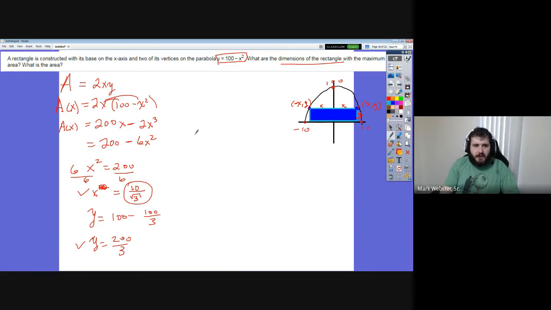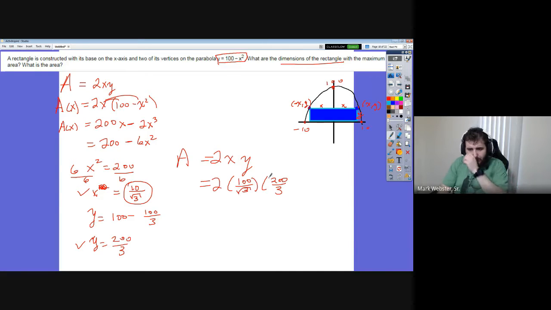Now I'm going to find the area. Remember, our area is 2xy. 2 times 10 over radical 3 times 200 over 3, right? Let me double check everything. Yeah, 10 over radical 3.